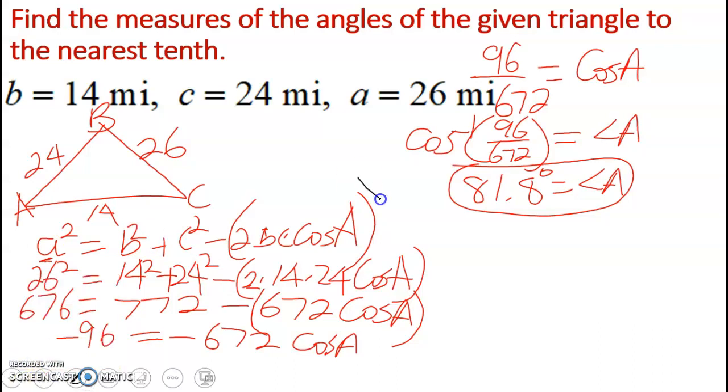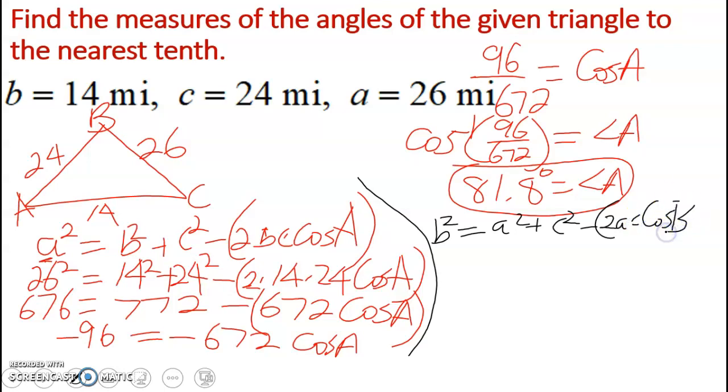Find angle B. So it's going to be B squared equals A squared plus C squared minus 2AC cosine B. Again, we are looking for side B, and angle B and side B have to match. So 14 squared, we get 196.